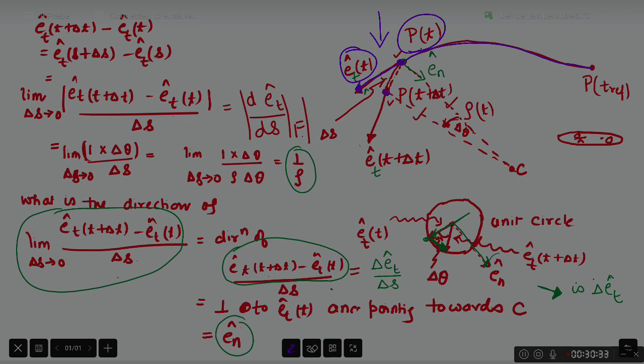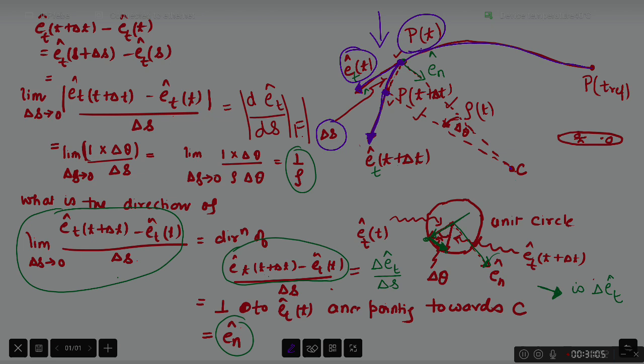During that time it has followed this trajectory, and that small part of its trajectory must have a length of delta s. Now when the particle reaches this location, the local tangent has changed its direction somewhat. This is the direction of the local tangent at time t plus delta t.